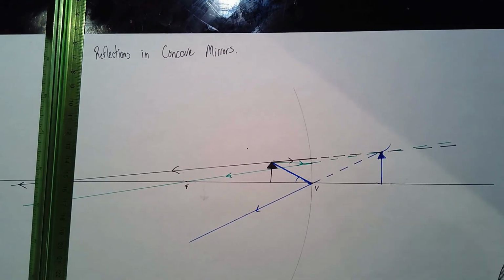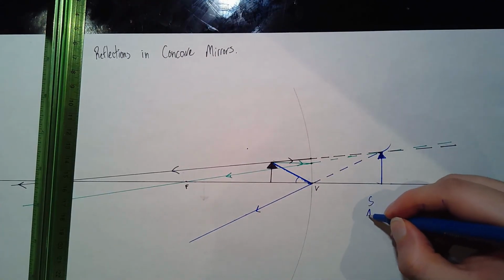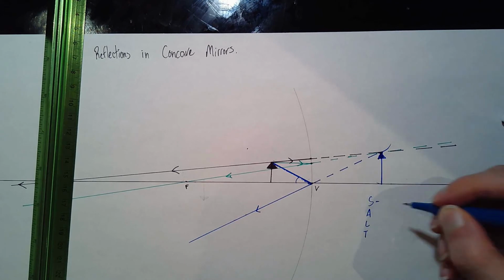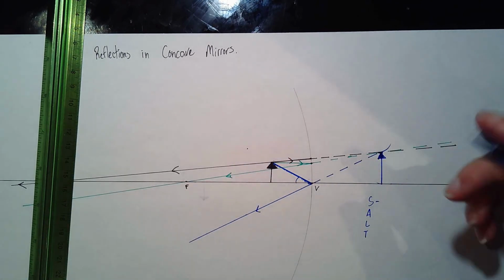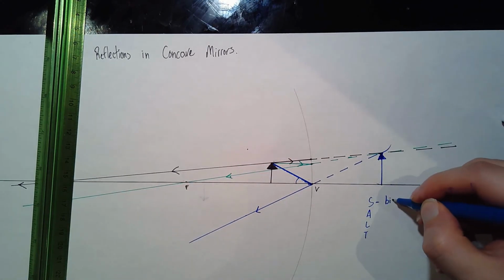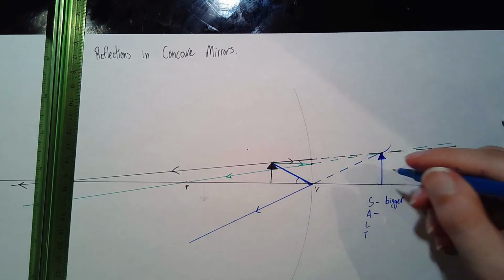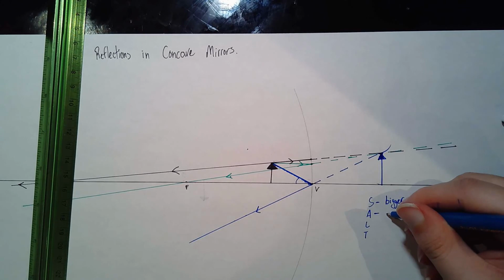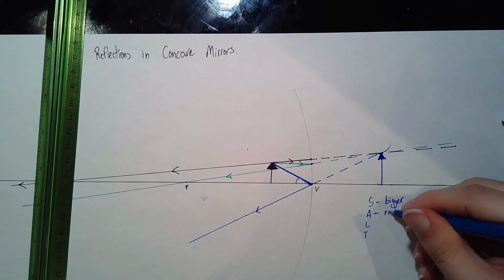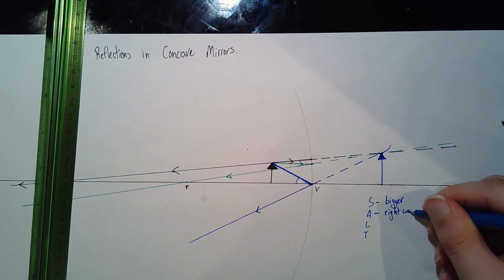And what we see is that, looking at our SALT: one, the size, it did get a little bit bigger. So it is a bigger image. Attitude, it's right way up, right? This arrow is pointing up. So right way up.